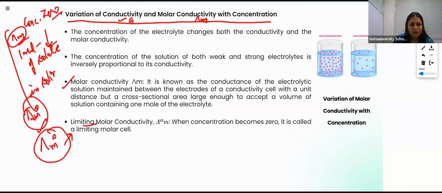So here are given the proper definitions for molar conductivity and limiting molar conductivity. This is also used in numericals, okay, limiting molar conductivity.